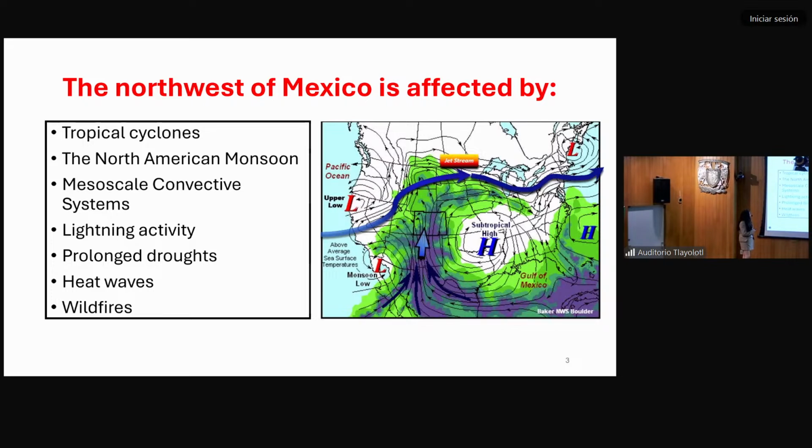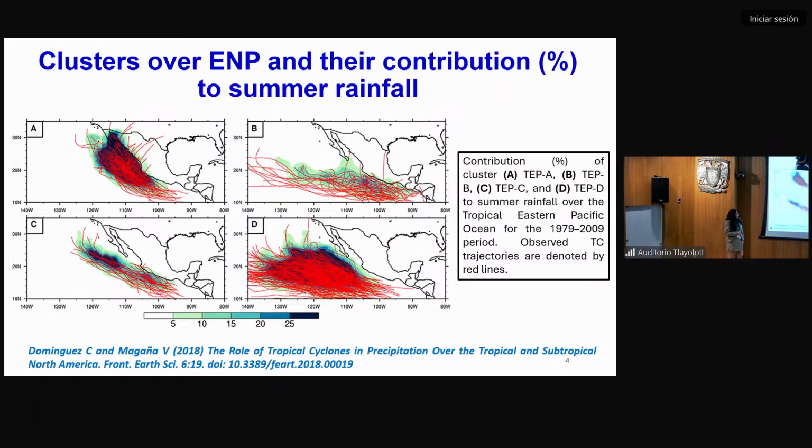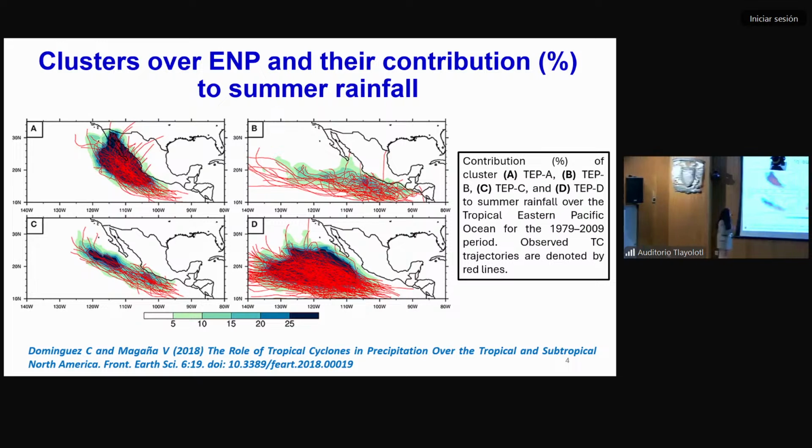This region is affected by tropical cyclones, the North American monsoon, mesoscale convective systems, lightning activity, prolonged droughts, heat waves, and wildfires. Tropical cyclones can contribute up to 30% of the seasonal precipitation, and of course they can alleviate some prolonged droughts over this region.